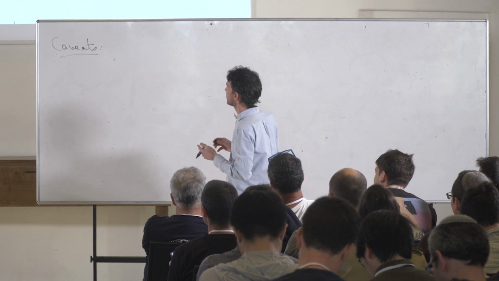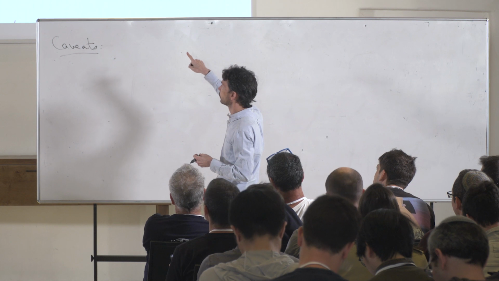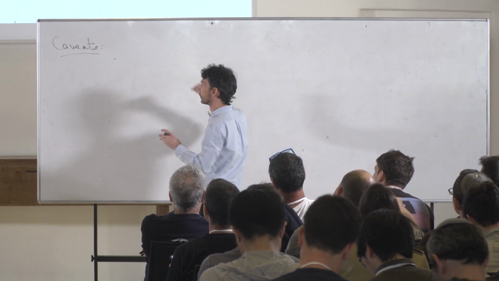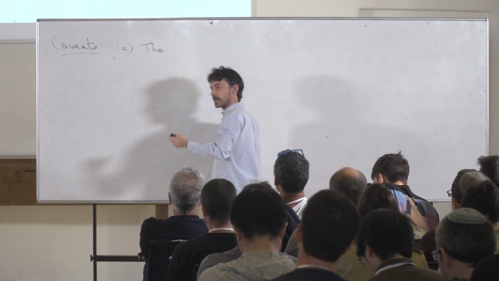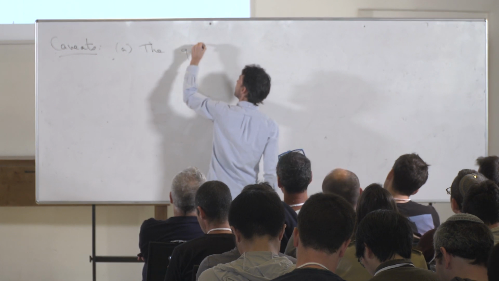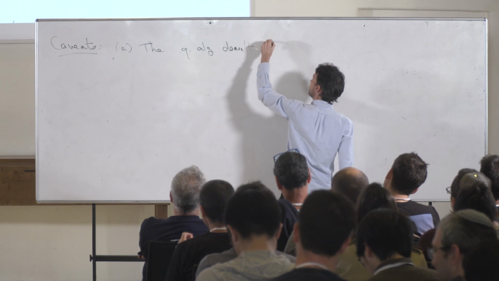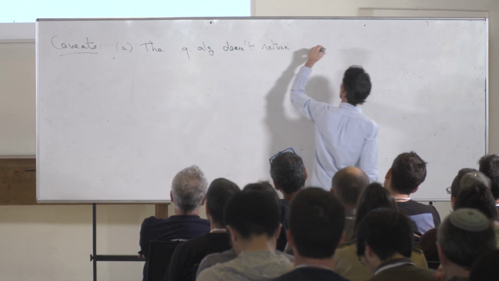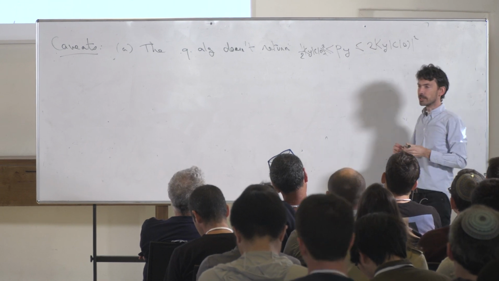A related caveat maybe would be that this is not what the quantum algorithm is doing still, right? So maybe a first one is that even if you're able to implement exactly that circuit, the quantum algorithm doesn't return p_y, as soon as there's a tiny bit of noise, okay?